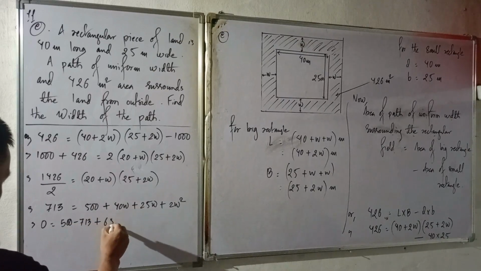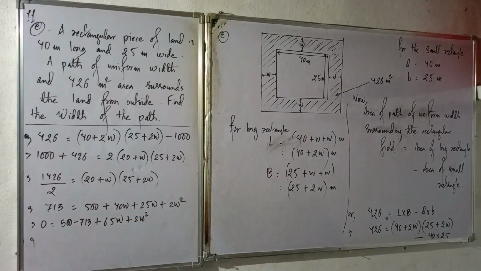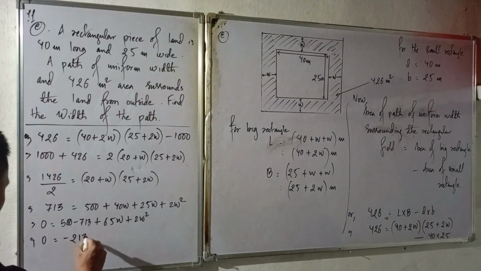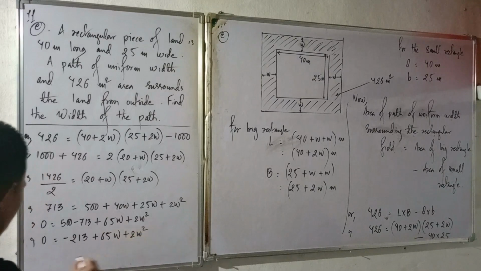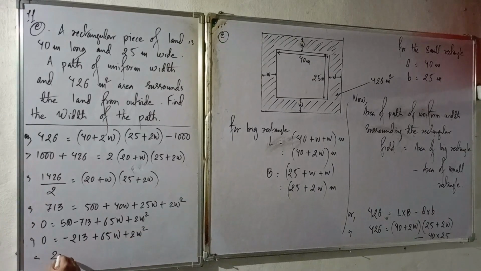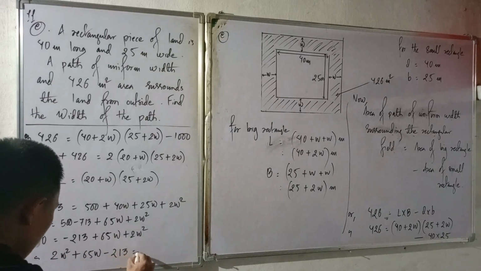This becomes 65w plus 2w square, or 0 is equals to 500 minus 713, that is minus 213, plus 65w plus 2w square, or you can write here 2w square and 65w minus 213. Now you need to factorize this part.